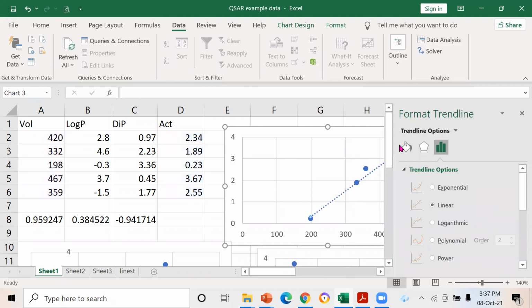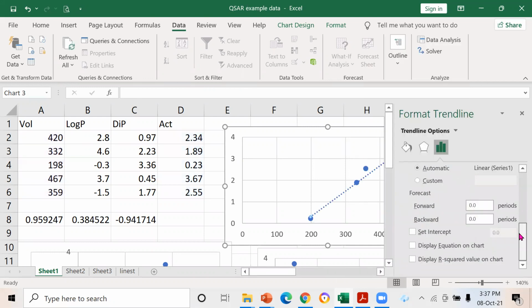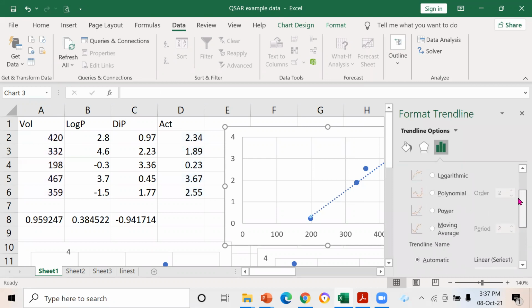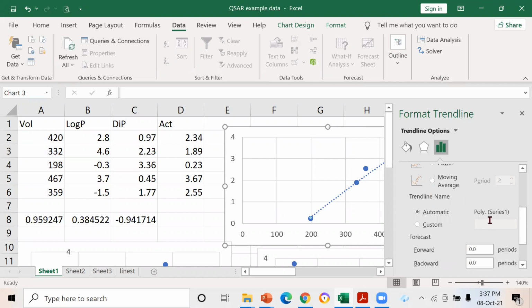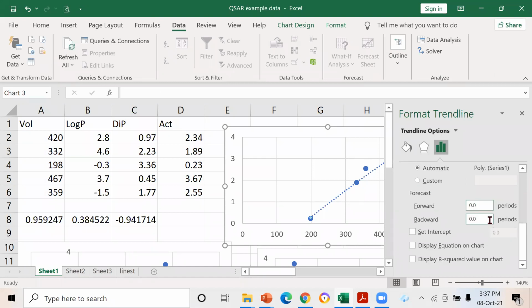Add a trend line. You see, you can now add polynomial, that means you can add second order equations also. That means y equals a volume square plus b volume.